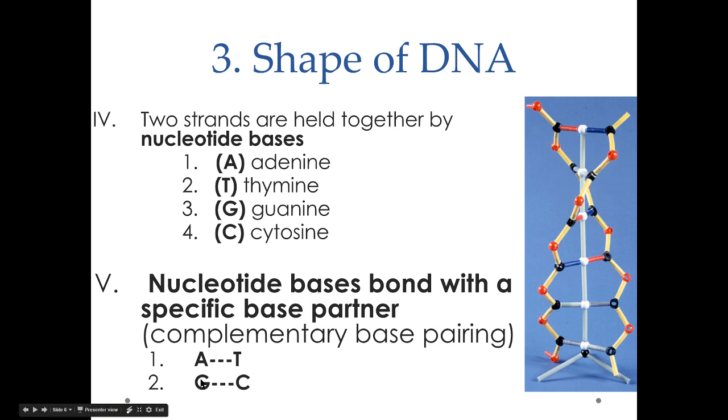This won't pair with this, and this won't pair with this. That's important because it helps keep the structure of the DNA. The DNA needs to be even going all the way along it. If the wrong bases paired, then the DNA would get narrow at some points and super wide at other points, and that is not good.